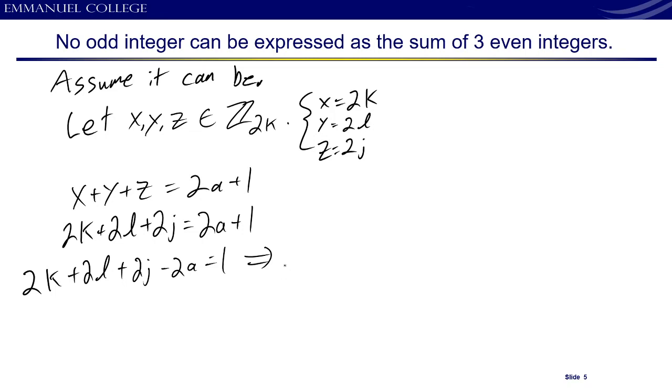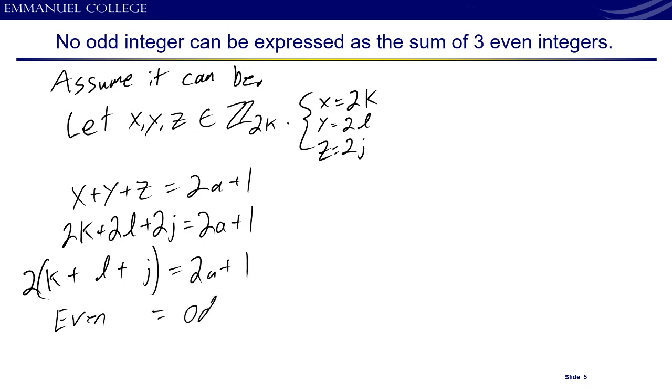Now, well, let me do it this way. Instead of subtracting it over, let's just factor out the 2 from everything. So now I have 2 times some integer equals 2 times an integer plus 1. By definition, I have that an even number equals an odd number.